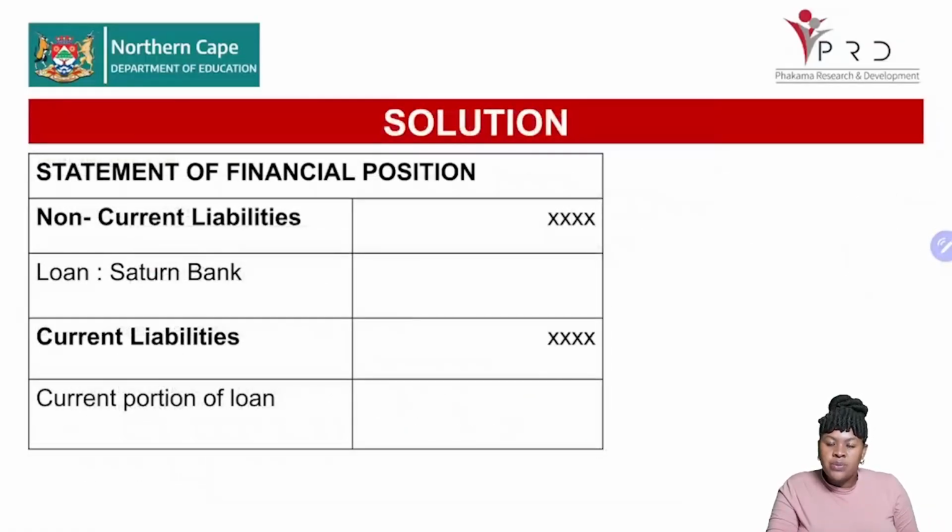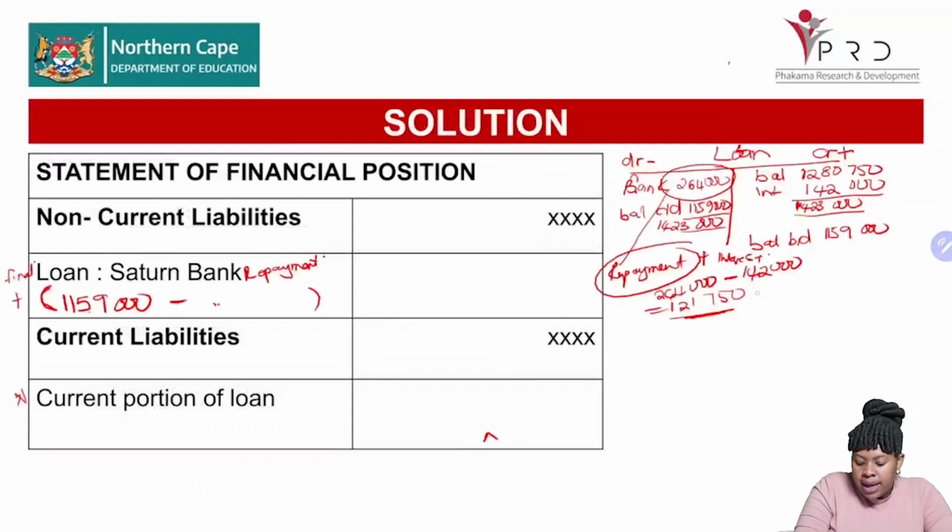Why are we looking for the next financial year? Because we need to separate it in terms of liabilities. The liabilities that are more than the financial year versus the liabilities that are within the next 12 months, current and non-current.